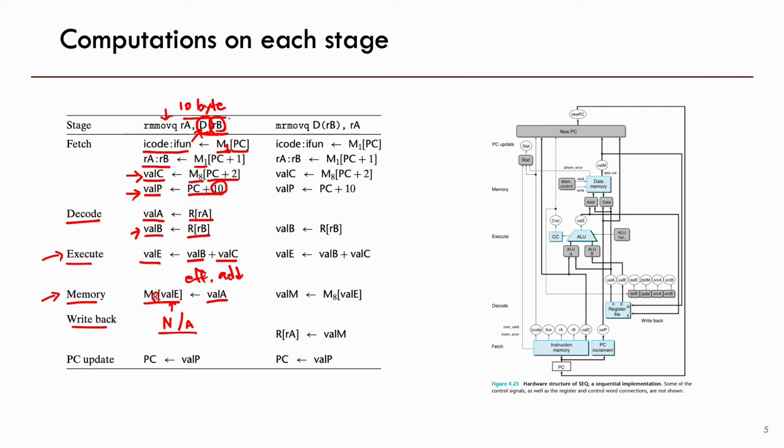It's not a jump instruction, so we just execute the next instruction. Where is the address of the next instruction? We already stored that in val_P in the fetch stage. So we just select val_P for the next PC.